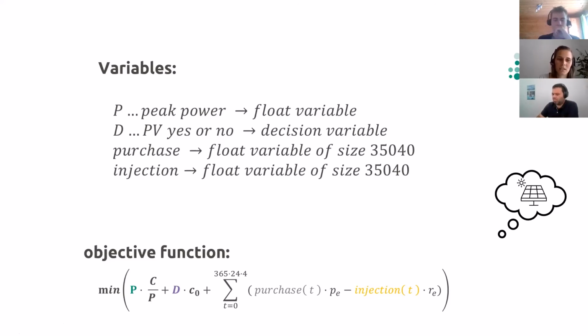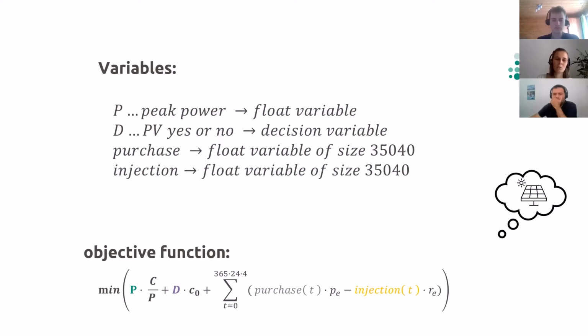And purchase and injection are float variables with a size of 35,040, because they have a value at each time step of the year. If we take a time resolution of 15 minutes, we have 4 time steps each hour, then 24 hours each day and 365 days a year.